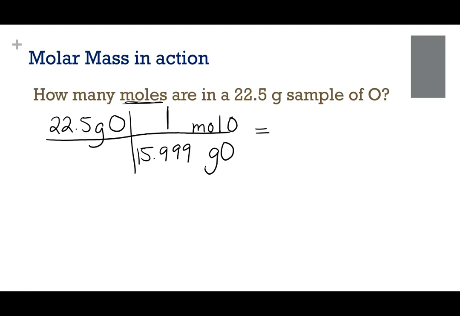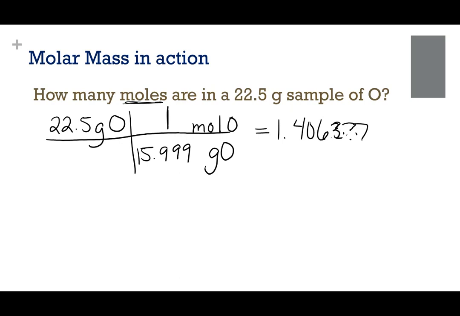Okay. Multiply across the top, divide by the bottom. So 22.5 times 1 divided by 15.999 equals, calculator spits out 1.406337, yada, yada, yada.